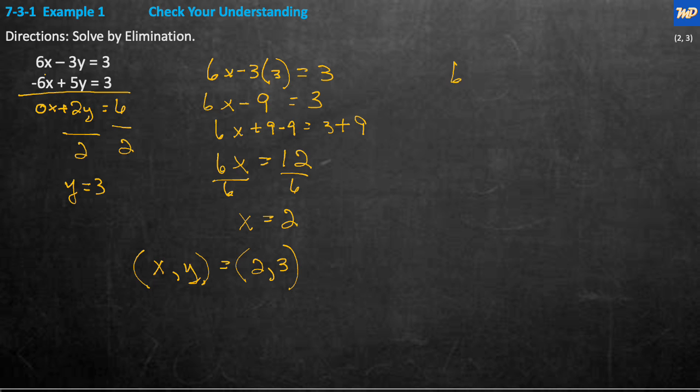So we get 6 times 2 minus 3 times y, which is 3, and that equals 3. Does 12 minus 9 equal 3? Yes, it does. 3 equals 3. Either equation, if you put that in, you're going to get the correct answer.